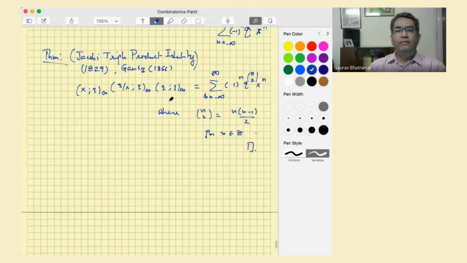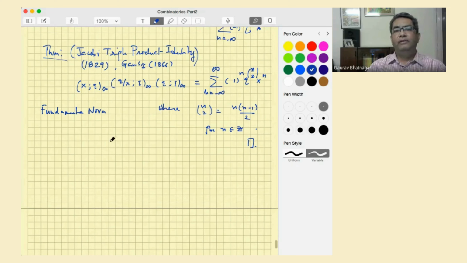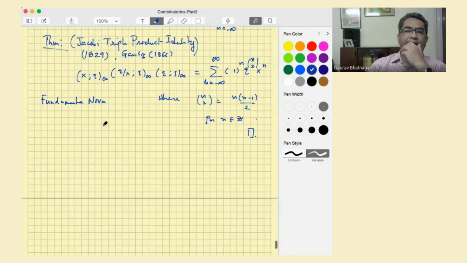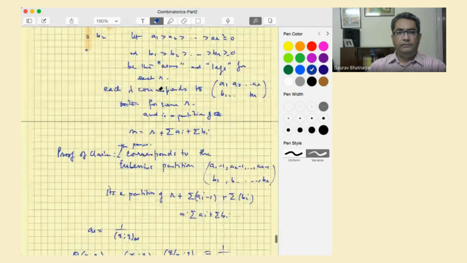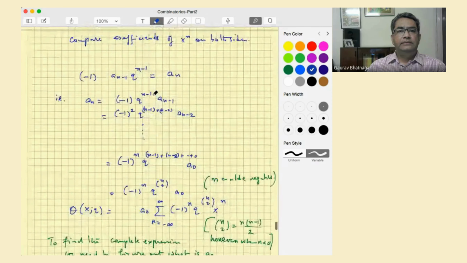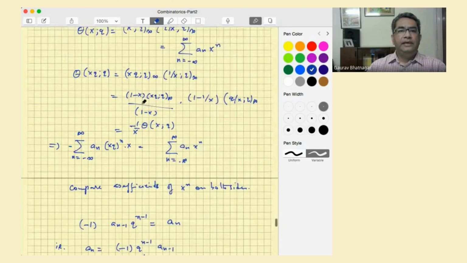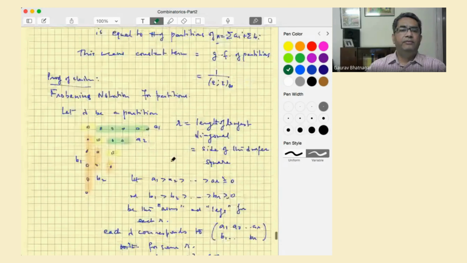So this is a fundamental theorem of Jacobi. Jacobi wrote a book called Fundamenta Nova or something like that. So this is a very fundamental number theoretic result, and this business right here is known as, I can write it over there, if I remember it.